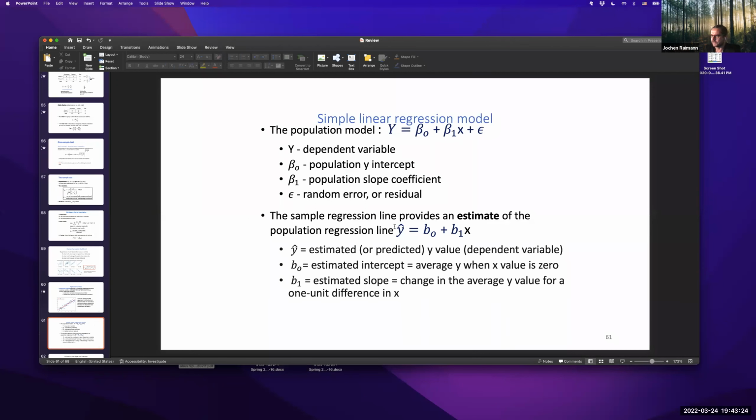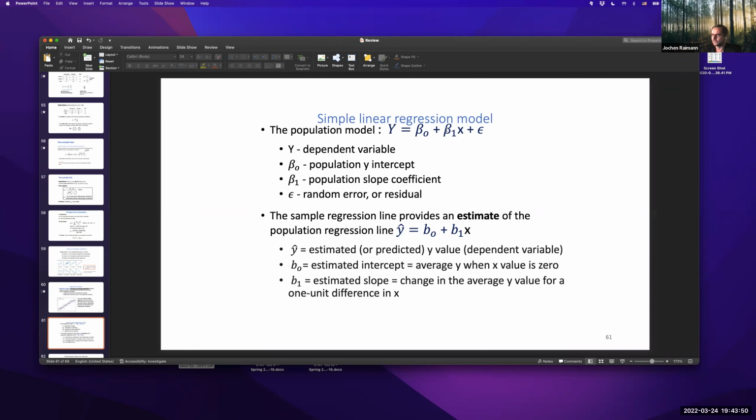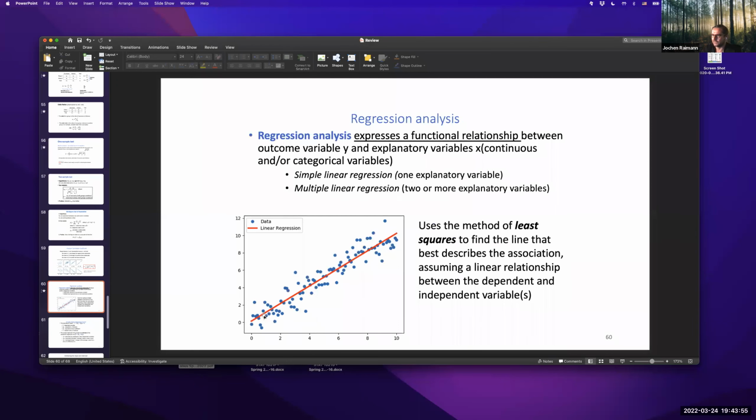In a simple linear regression this is consistent with the equation of a line, which has an intercept, where this least squares function crosses the y-axis at an x value of 0, whereas the slope, the b1 or beta 1, is the increase with 1 unit on the x-axis.